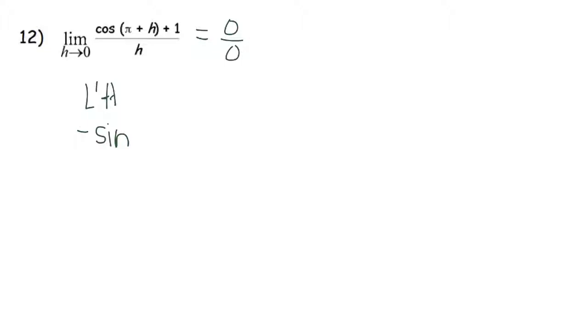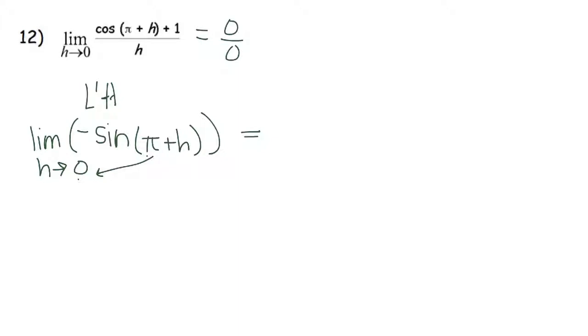So negative sine of the angle is going to be pi plus h times the derivative inside here, but h and pi are both numbers, so we don't have to worry about that. So what's going to be this limit as h approaches 0? Well, it looks like we're going to get pi plus 0. Well, pi plus 0, that's still pi, and sine of pi is 0. So hopefully y'all got 0 there.